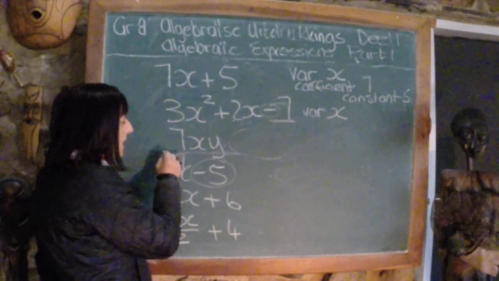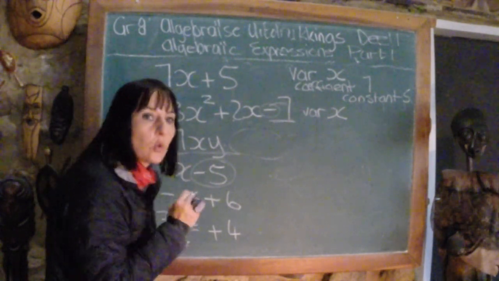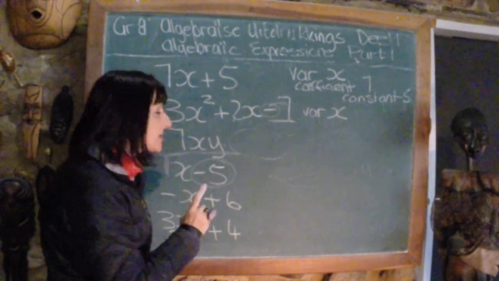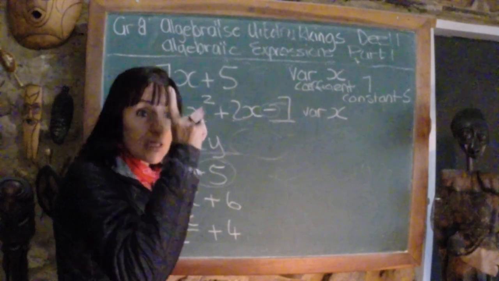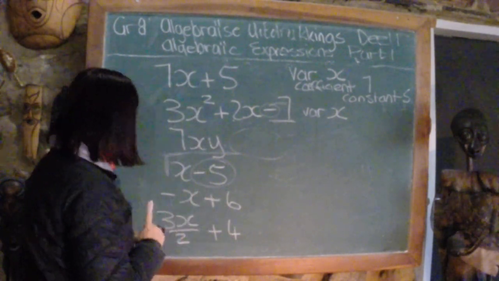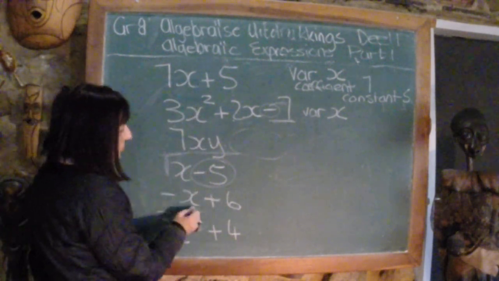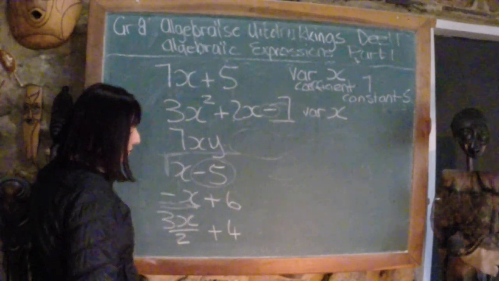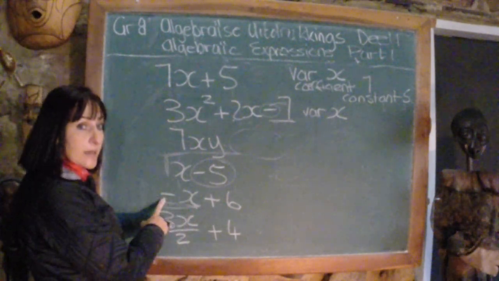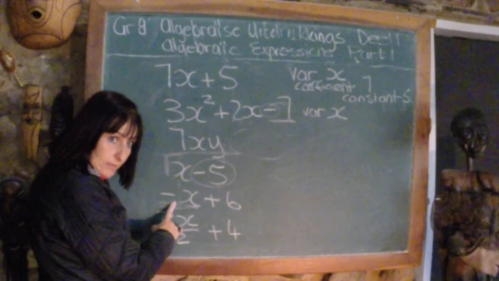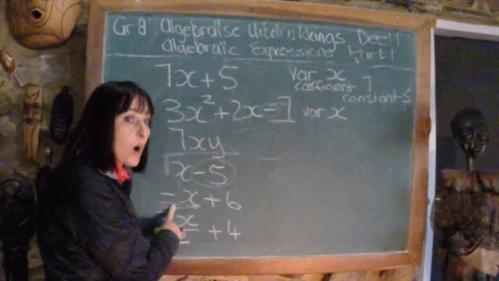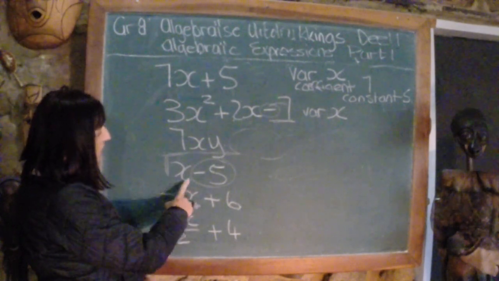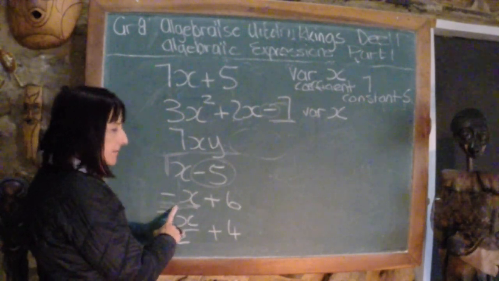But the thing that's attached here, if there's nothing, will always be a 1. As daar niks voor die x vas is nie, dan is daar altyd 'n 1. Okay. What's attached to this x? The coefficient. Minus 1. Because there's nothing, and if there's nothing, there's always a 1. So die coëffisiënt van hierdie x is minus 1.